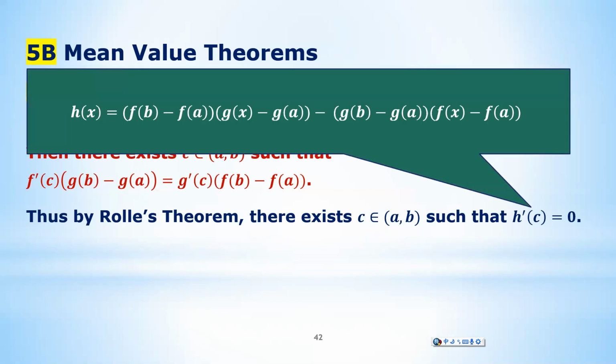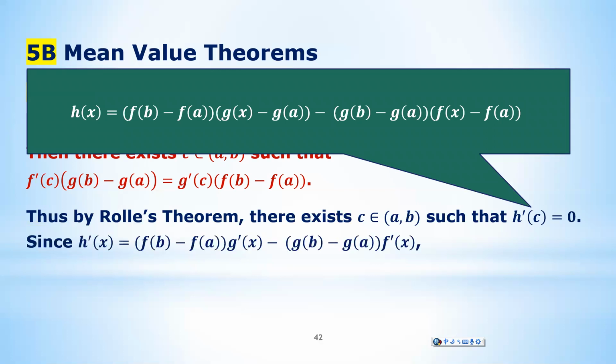Now let's compute the derivative of H. Recall what H is. Taking the derivative, since f(b) minus f(a) is a constant, you get this constant times g prime of x, since the derivative of g(a) is 0.